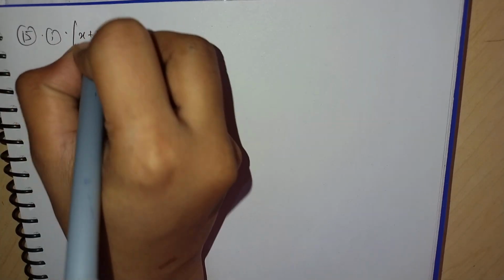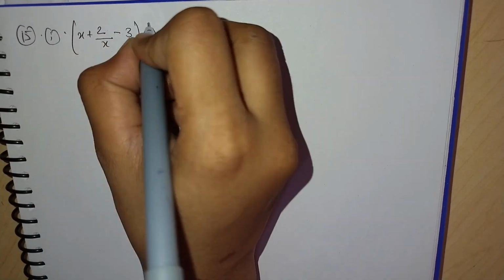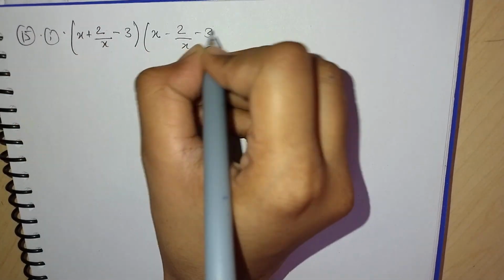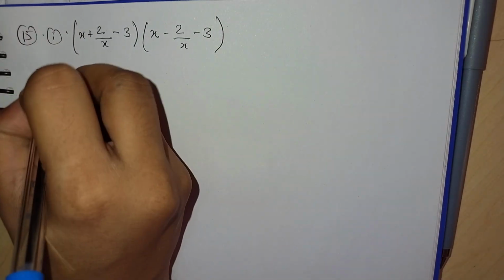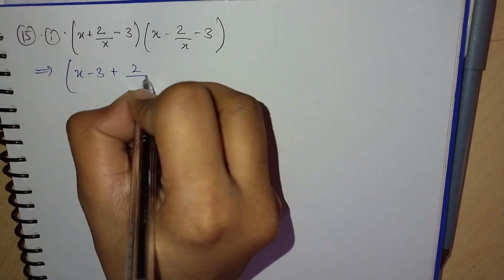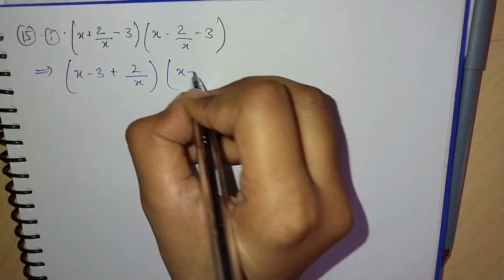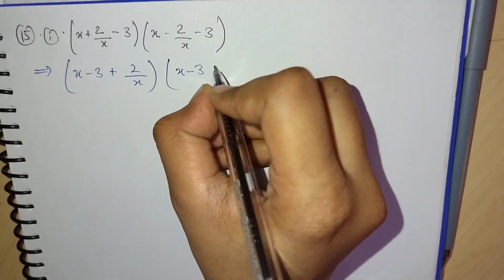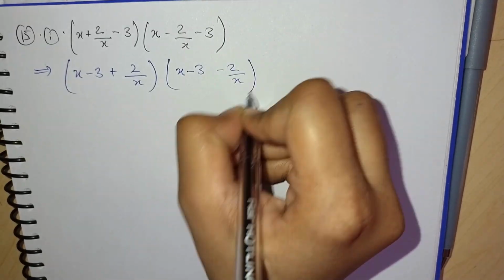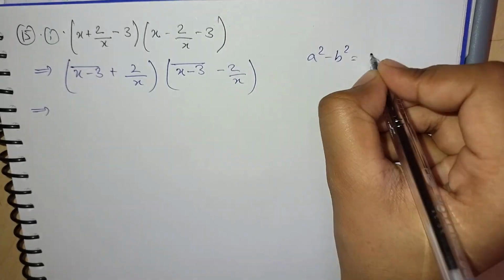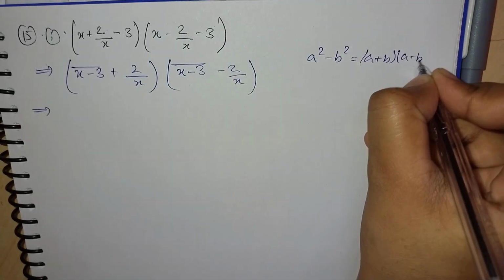Here the 15th question, first part, is (x + 2/(x − 3))(x − 2/(x − 3)). Here we will put (x − 3) + 2/x and (x − 3) − 2/x. In this we will apply the a² − b² formula, (a + b)(a − b).